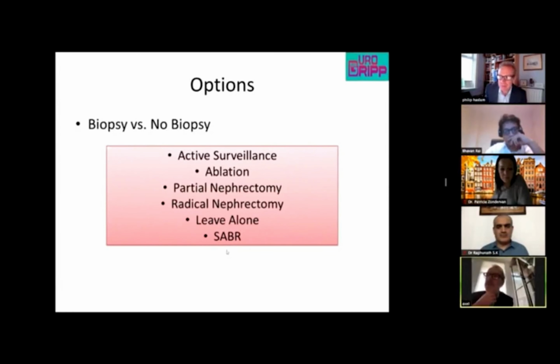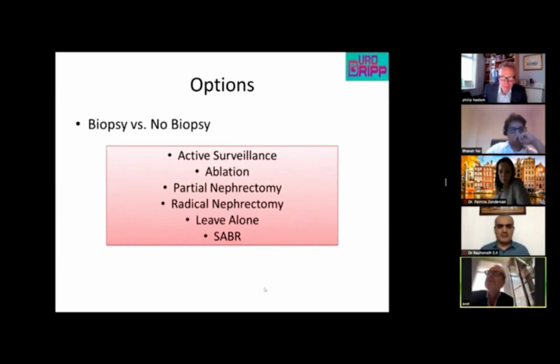I would like to make a comment. I think the decision is good, but we once had an audit of biopsies done by the radiologists at the Royal Free, and they found that if a lesion was under 2 centimeters in size, the diagnostic yield was around 60%.